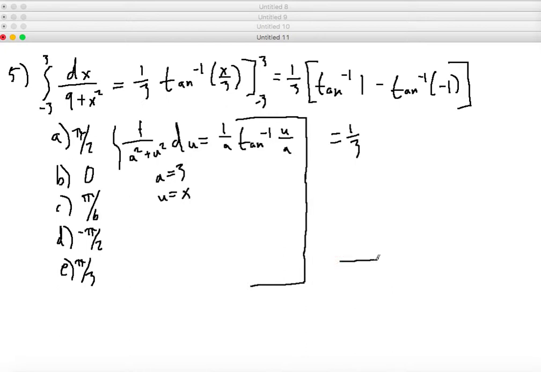I personally, when I think of this, I go to my special triangles. I know that tangent is the opposite over the adjacent, and if that ratio is 1, it means these two must have been the same things. And then I know that the hypotenuse must be the square root of 2. I can find it using Pythagorean theorem, but this is just one I have memorized with my angle here.